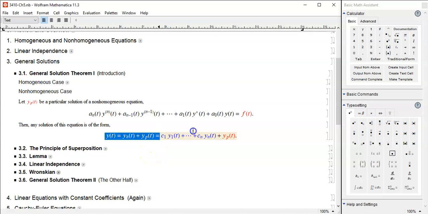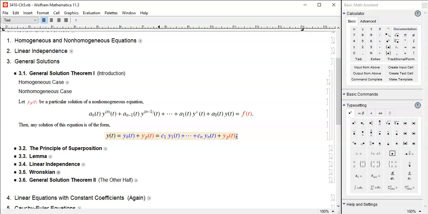And the homogeneous part is of course c1y1 plus c2y2 all the way up to cnyn. And these c1 through cn can be determined using the initial conditions. So we have a system of linear equations, n equations and n unknowns. We can get those done, and then we'll have a unique solution.